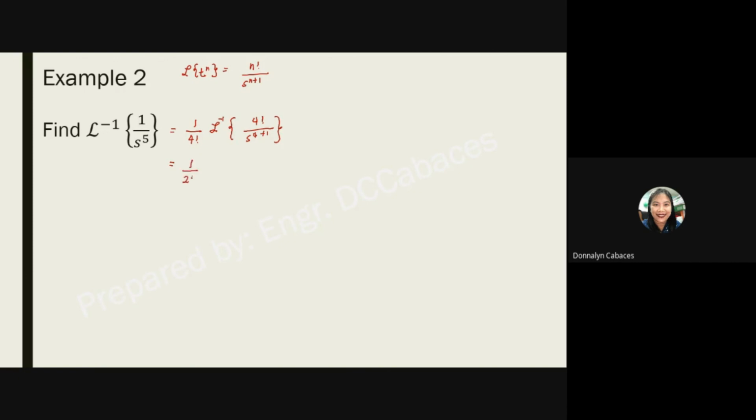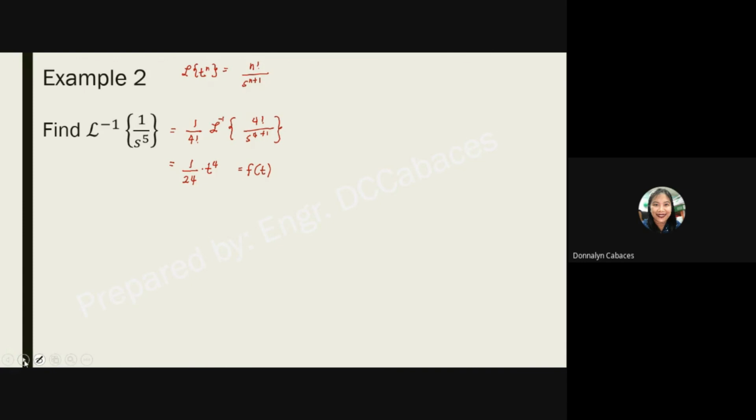So 1 over 24. And what is now the inverse Laplace of 4 factorial over s to the 4 plus 1? That is simply equal to t to the 4. So that is 1 over 24 times t to the 4. And that is your function of t. Okay?